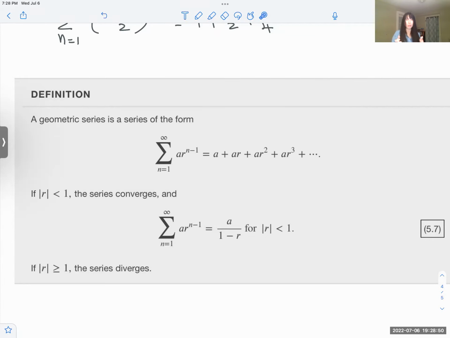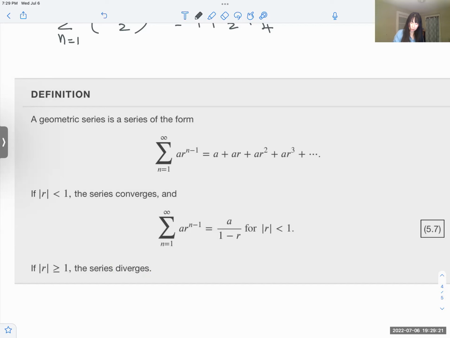Even though we take the absolute value, if that is less than 1, we say that the series converges, all right? Then it converges to this number. This is how we find the number, okay? Then they say that if the absolute value is greater than or equal to 1, then the series is divergent, okay?